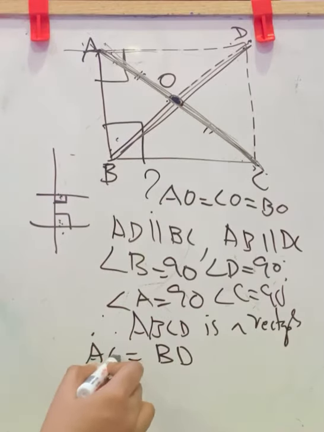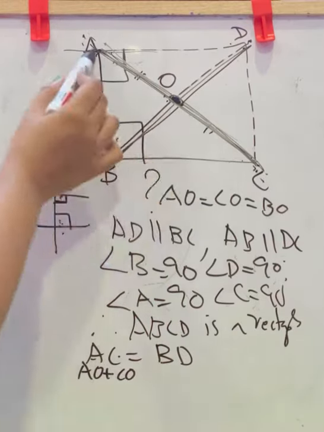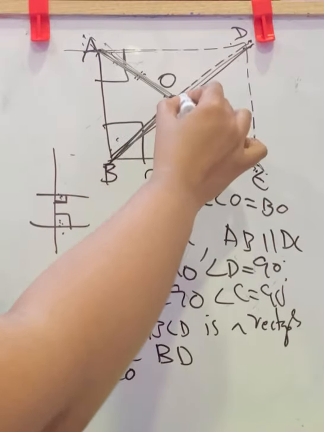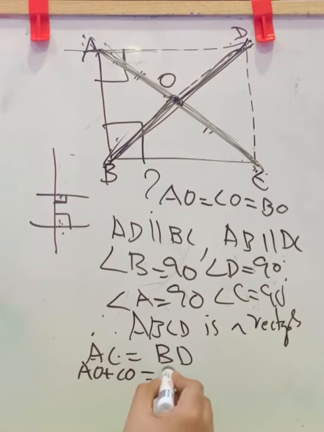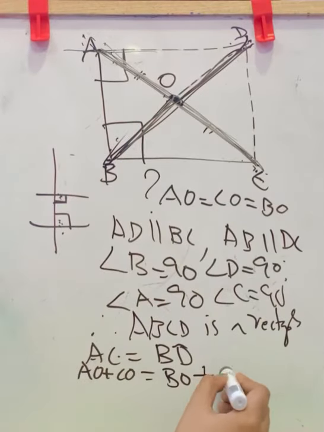So AC we can split as AO plus CO. Now BD we can write as BO plus DO. So BD is BO plus DO.